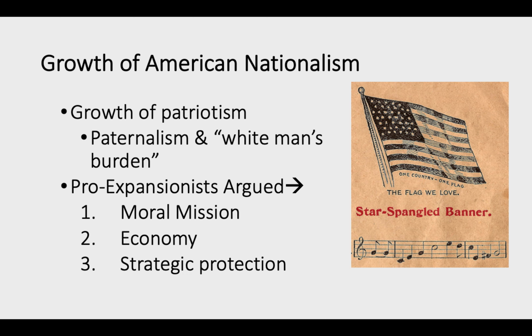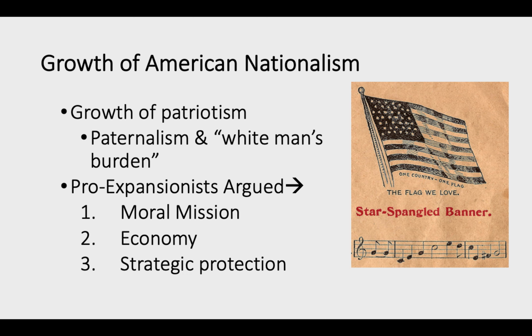Alfred T. Mahan wrote The Influence of Sea Power, a book in 1890 that was essentially about Great Britain's naval history. And in it, he argues that what made Great Britain such a great empire, so powerful, was that it had a strong navy.